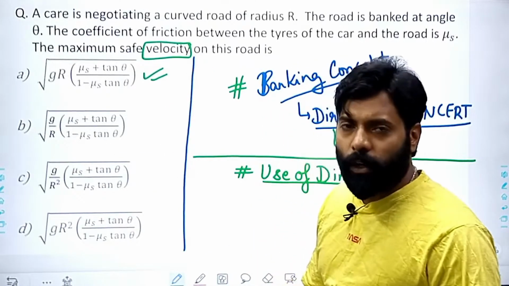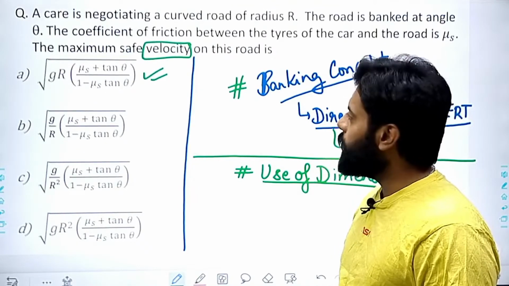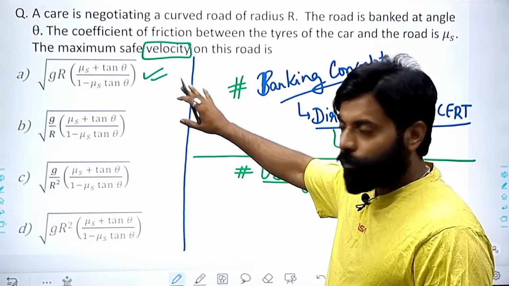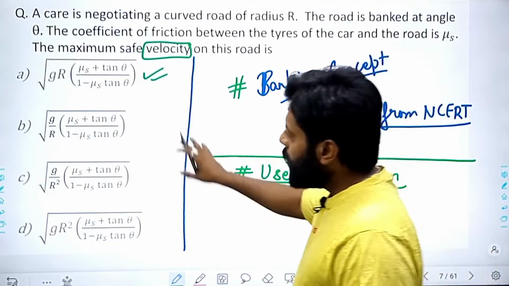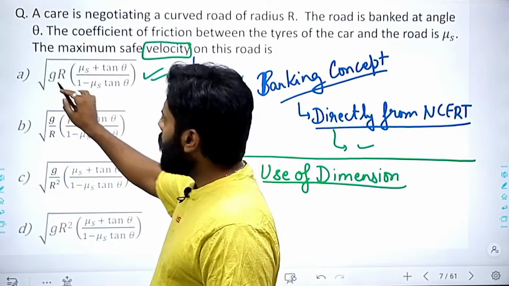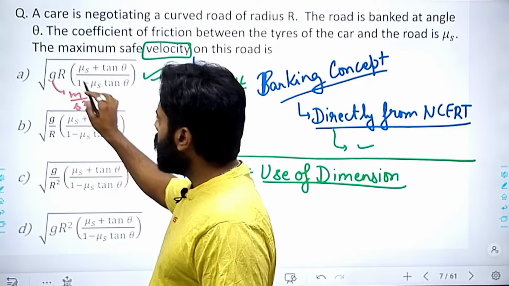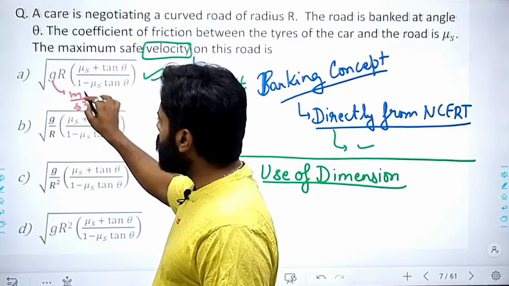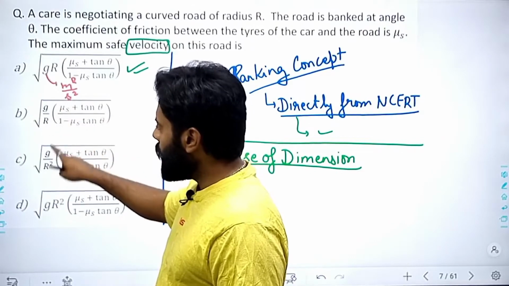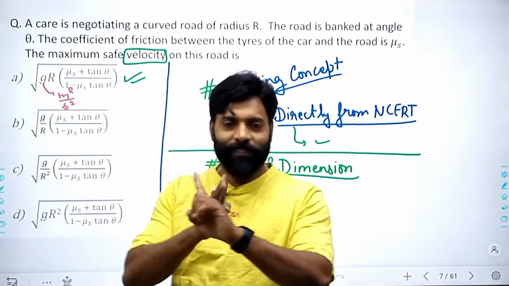What is the unit of velocity? Velocity must be coming from here. If I am having this as gr, then I know that the acceleration unit is meter per second square, and the radius is meter. So when they come out, it will be meter per second.